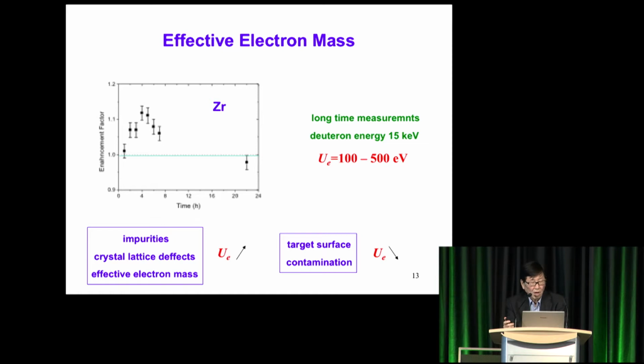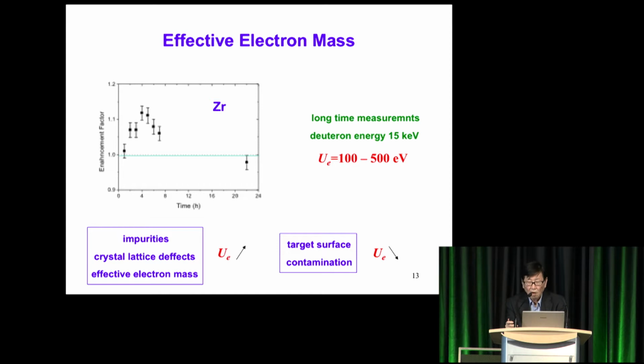We observe, however, an increase of the enhancement factor for the longer irradiation times, although oxygen contamination remains below 1 atomic monolayer. After 4 hours, the enhancement factor decreases because of large target surface contamination.